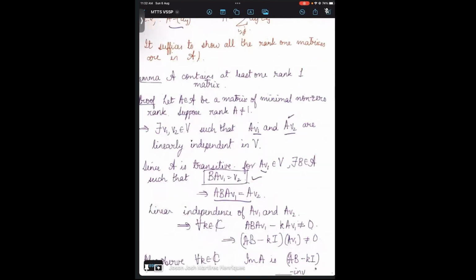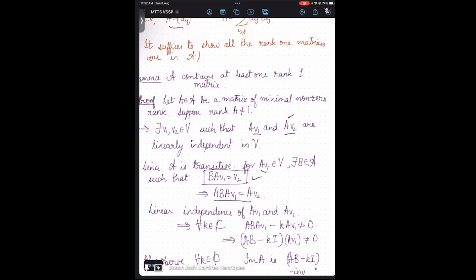Now we further know that these AV1 and AV2 are linearly independent. When do you say that 2 vectors in a vector space are linearly independent? For 2 vectors, the condition is much simpler: one should not be a scalar multiple of the other.